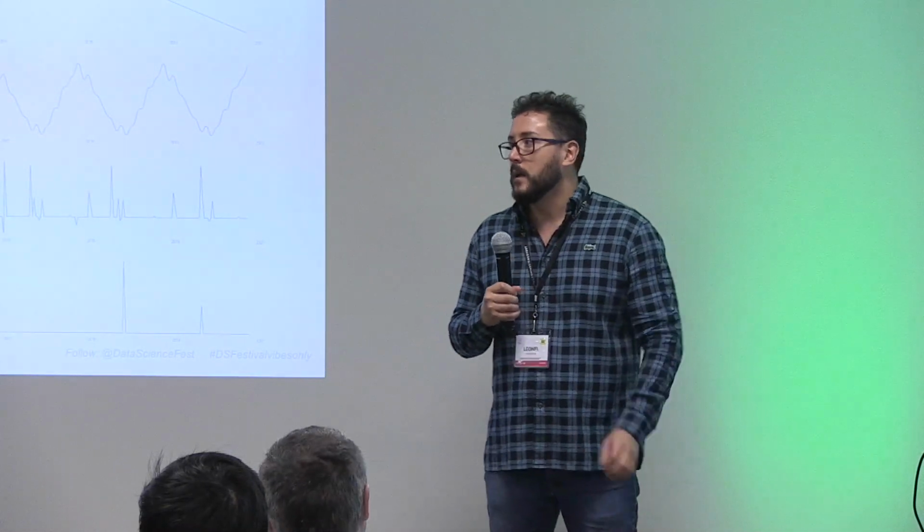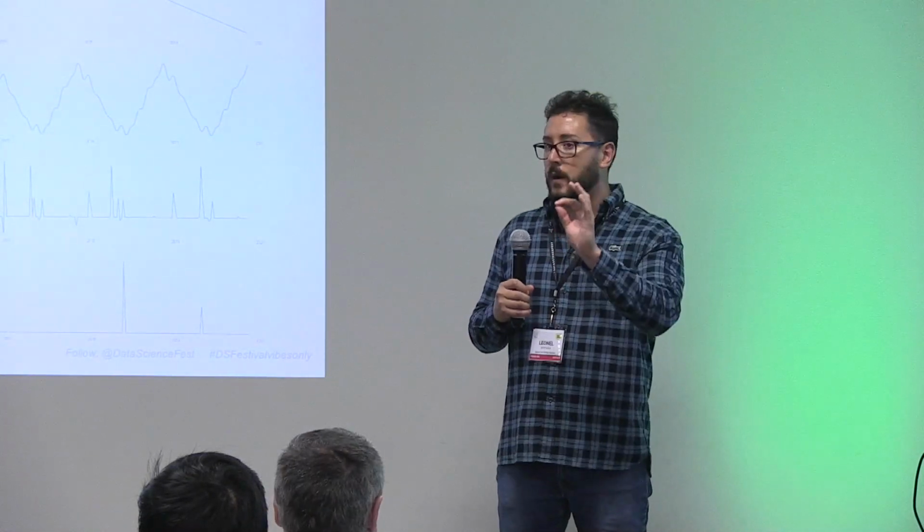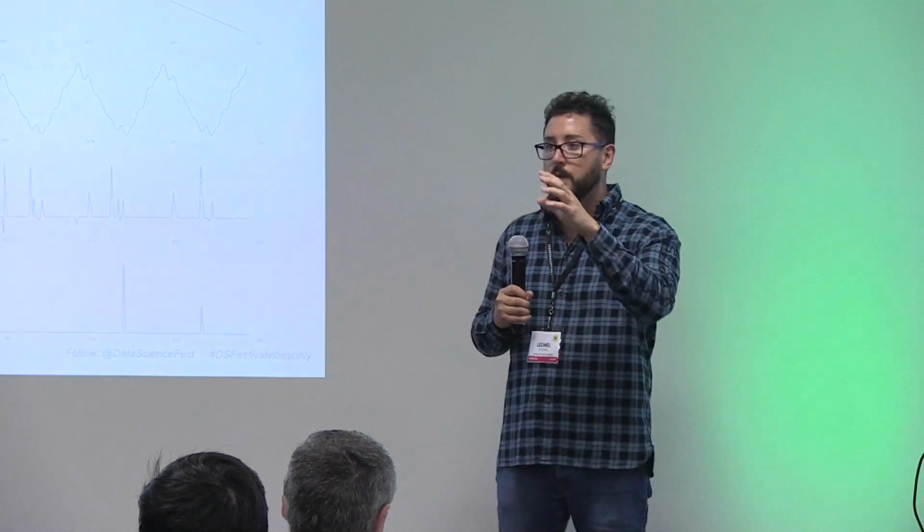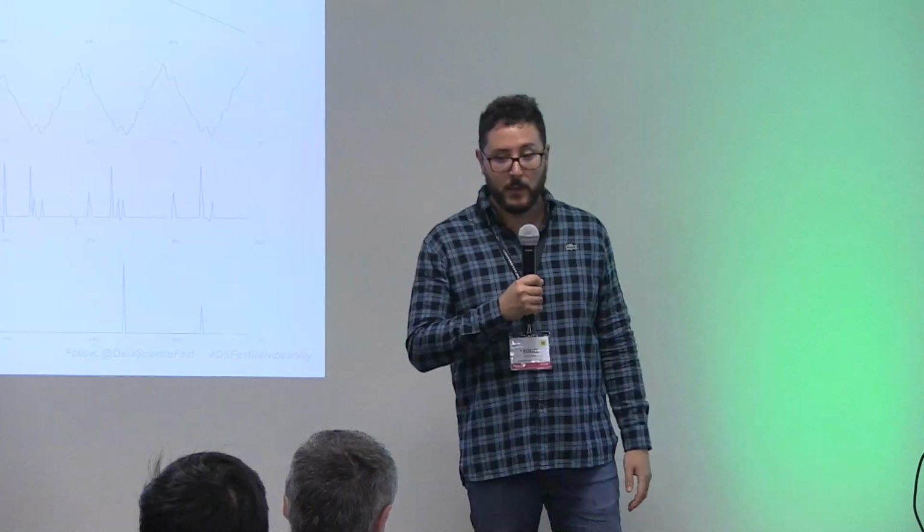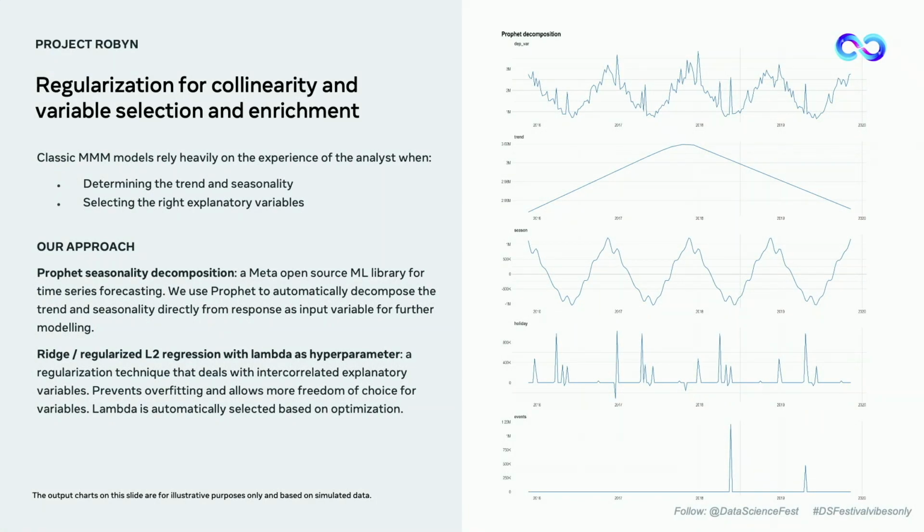So basically, we use these two main concepts and functions, Prophet and ridge regression from GLMNet in R. In the case of Prophet, we run everything before we start the modeling, as I was showing you before in the model flowchart. And we decompose even to week seasonality. So we can do weekly, monthly seasonality along the year. We can get the trend decomposition. You can see that on the charts over there. And we use that as an input variable later for the further modeling.